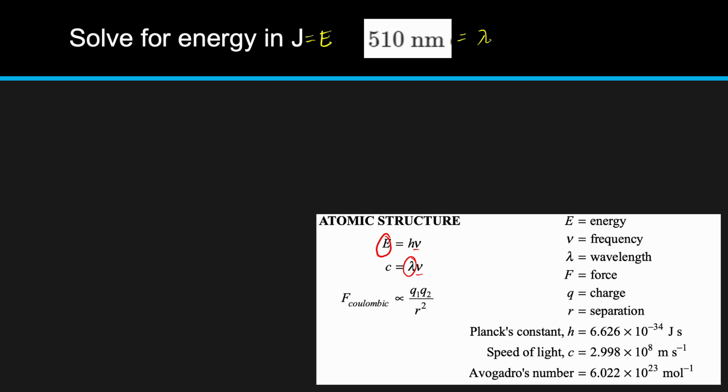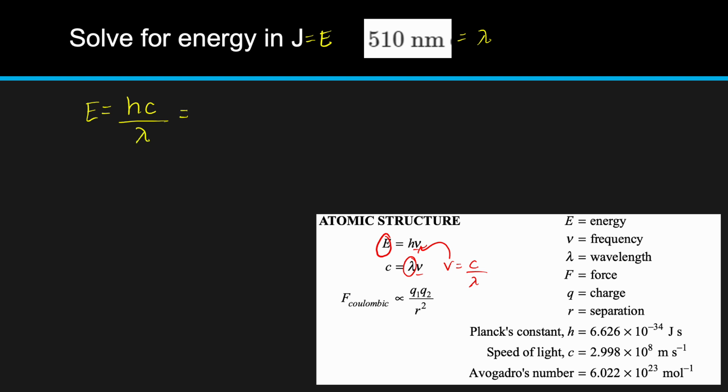So we can set the frequency equal to each other and make this one equation. On the bottom one, frequency equals c divided by wavelength, and then we can plug that in for frequency here.